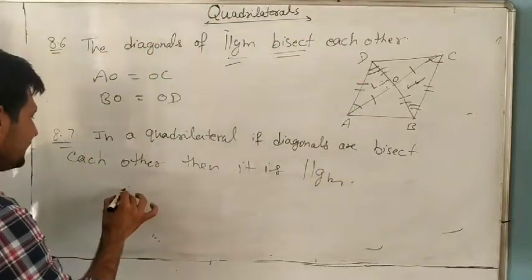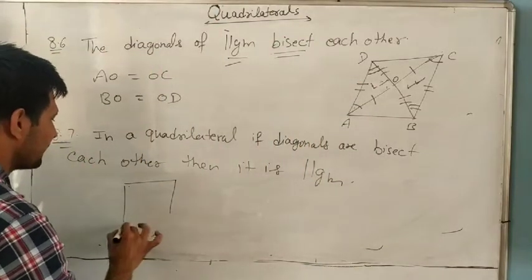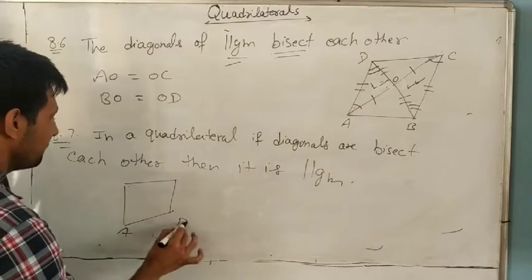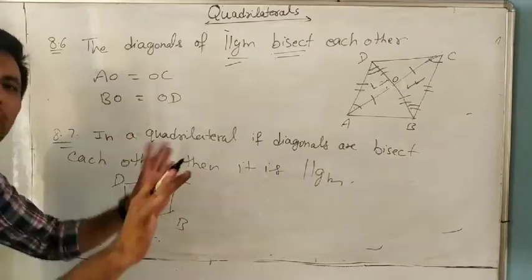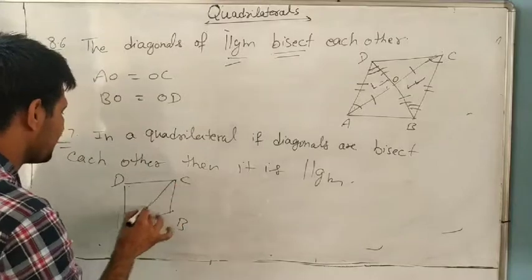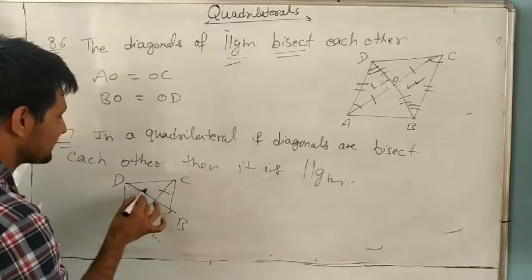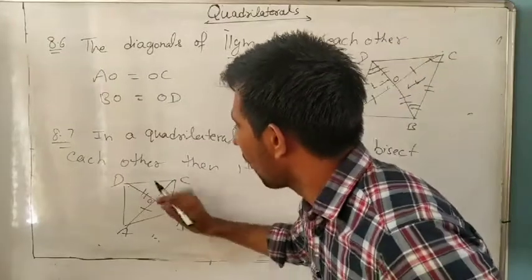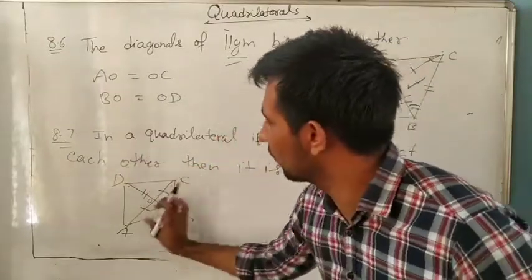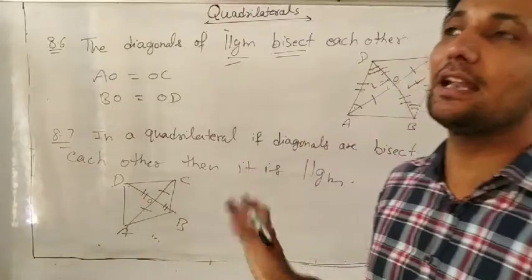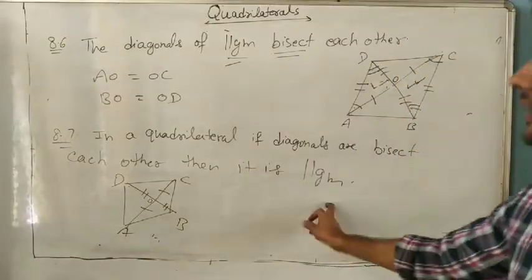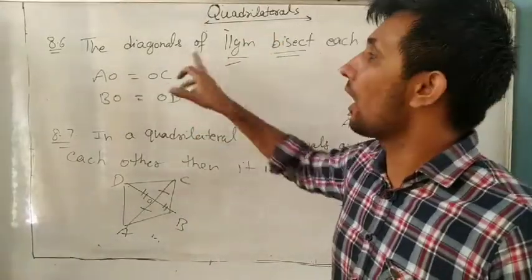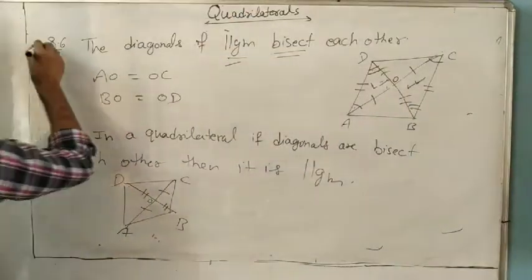Suppose ABCD is any quadrilateral, we don't know what type. But if the diagonals bisect each other, meaning OD equals OB and AO equals OC, then it is a parallelogram. These are also opposite to each other.